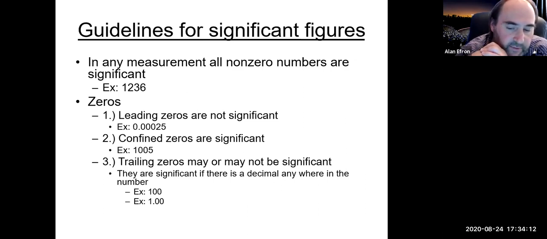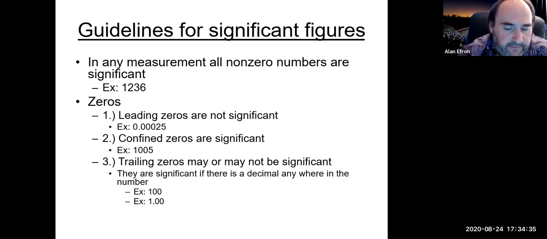The idea is when you do take a measurement, you want to make sure that you look at the scale on the particular piece of equipment that you're using. If it's a ruler, a graduated cylinder, whatever it may be, there should be some type of markings. What you really want to do is figure out what those smallest markings represent.